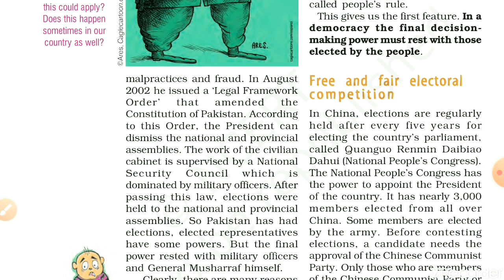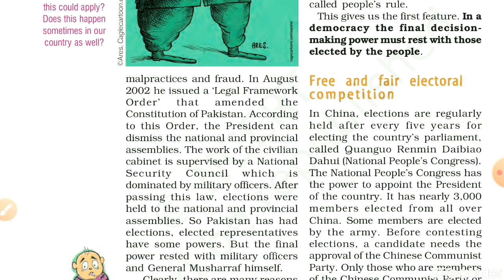In China, elections are regularly held every 5 years for electing the country's parliament, called Quanguo Renmin Daibiao Dahui, the National People's Congress. And the main party of China is the Communist Party of China, CPC. Okay? The National People's Congress has the power to appoint the president of the country.